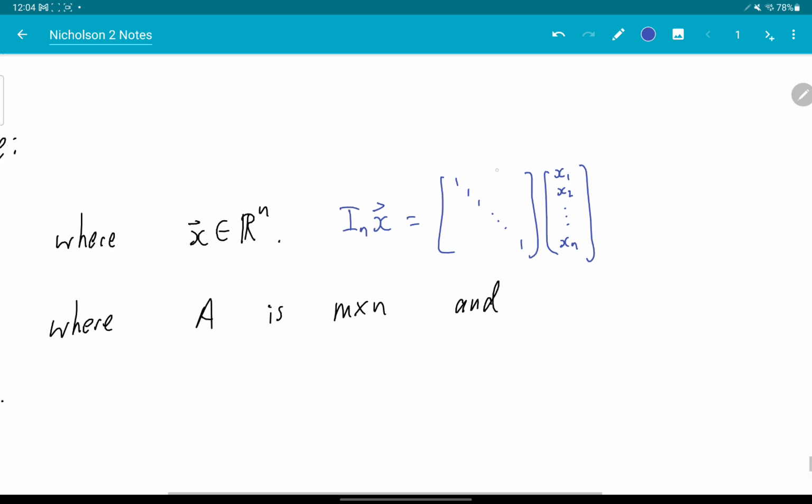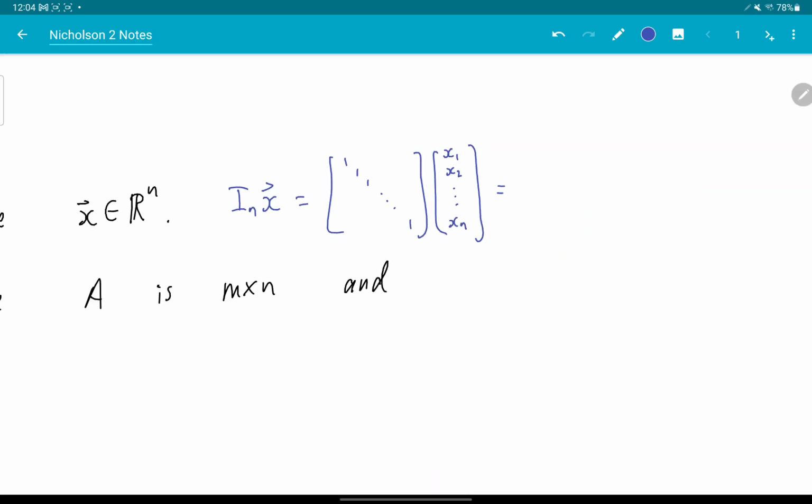The convention is that if I leave blanks in my matrix, those are zeros. So if I leave a blank in a matrix, which is convenient to do sometimes, you're supposed to interpret those as being zeros. So when I perform this multiplication, I get x1 times 1, dot, dot, dot, 0.